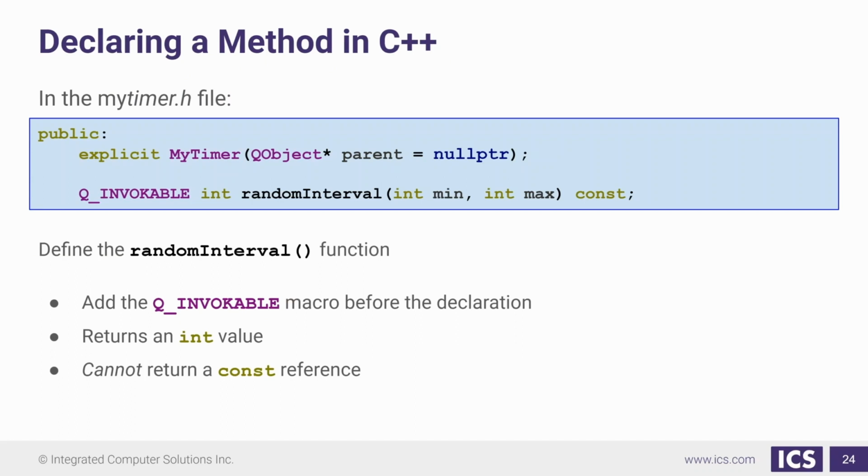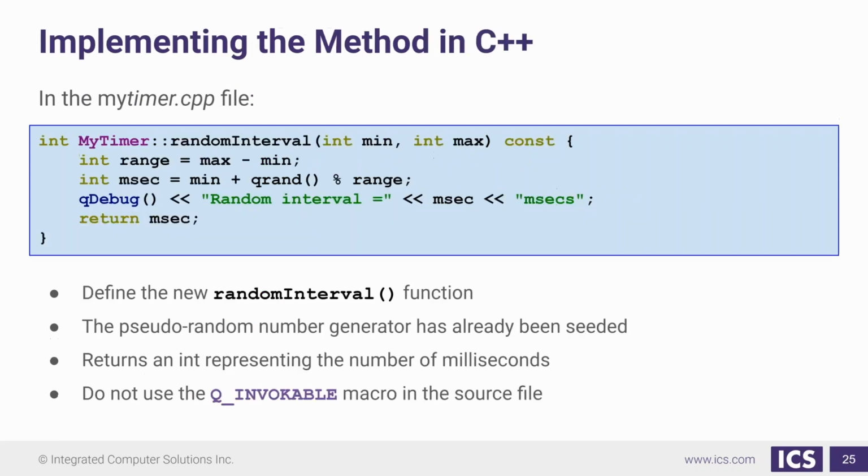Here we're going to create an invokable function called randomInterval. It's going to return an int, and it's going to take 2 ints in. So what we're going to do is we're going to add some logic to it. We're going to make a random number. So we're just going to return a random number here in our range. Now notice in our C++, we are not using the Q_INVOKABLE macro here when we define the body of this function.